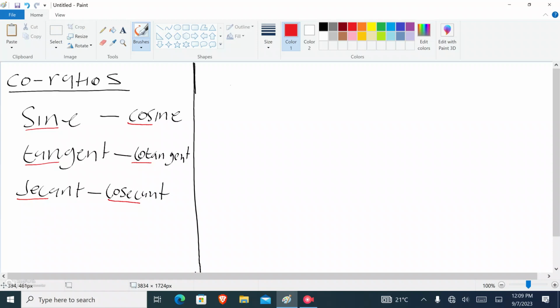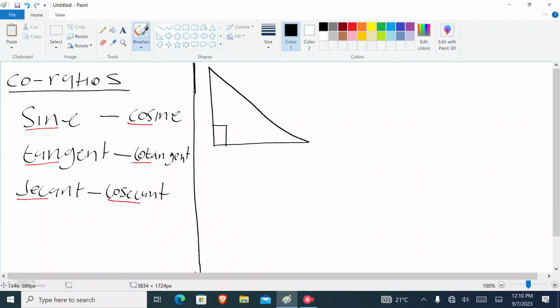Now, how do we actually use this? Let me just draw a triangle. In this case, I am going to draw a right angle triangle. Let me just draw it in a place where we'll have enough space. Alright, so this is our right angle triangle.